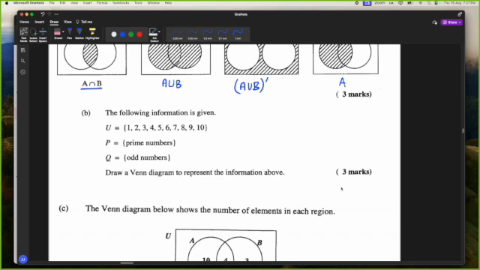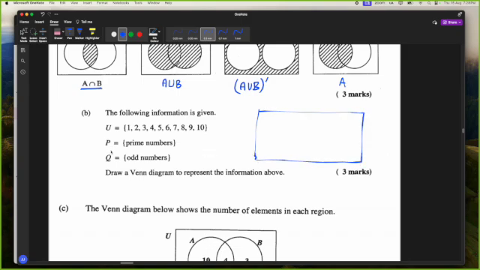The following information is given. U is the universal set. It looks like numbers from 1 to 10. P is prime numbers. Q is odd numbers, right? Draw a Venn diagram to represent the information above. So, the universal set will look like this.